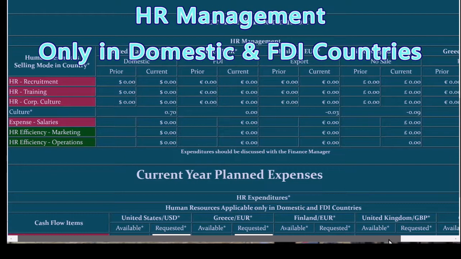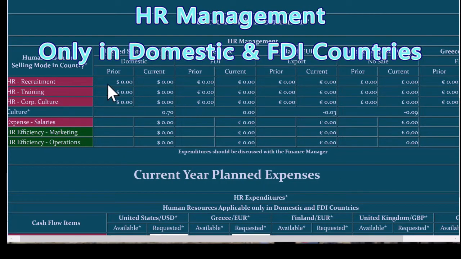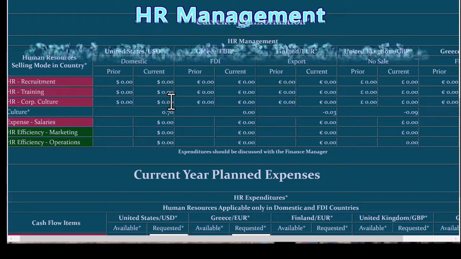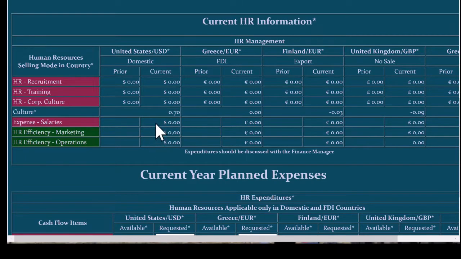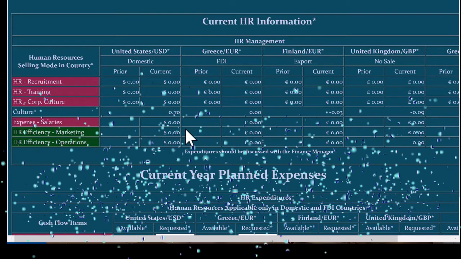As you will notice, the HR screen is only available for countries that are domestic and FDI defined. For export countries, the company has no corporate staff, no employees in that country. Effectively, it is representative.